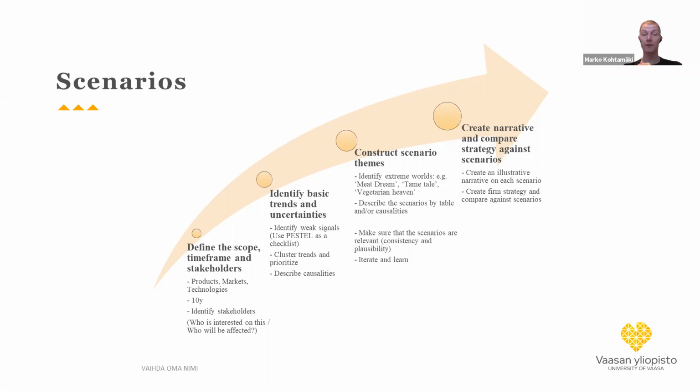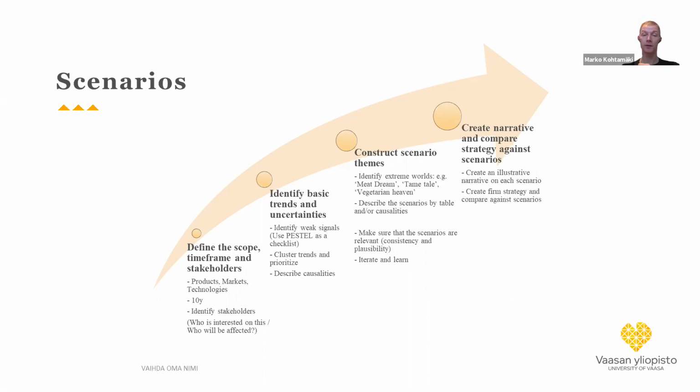I used 10 years there as a suggestion, as a, let's say, typical example. And then to identify the stakeholders to whom the scenarios are for. So who are the decision makers to whom the scenarios are being developed for?